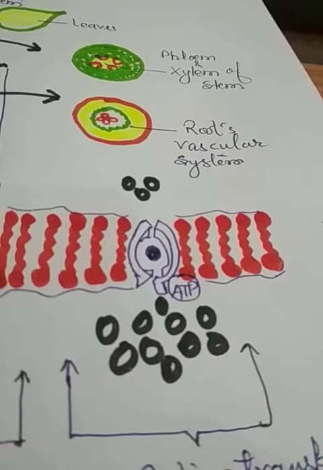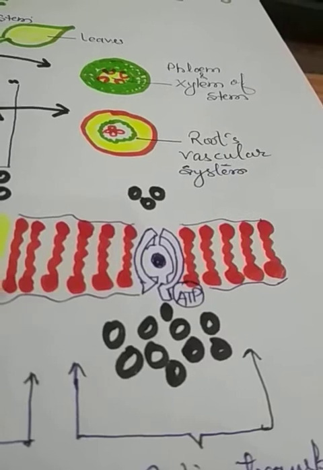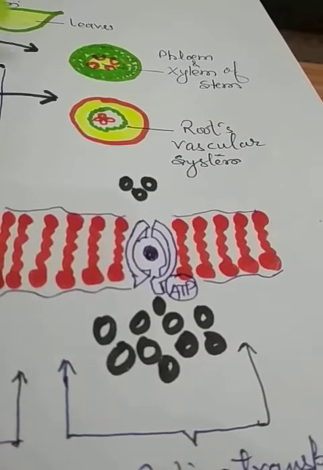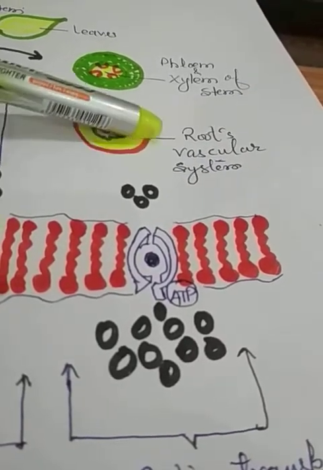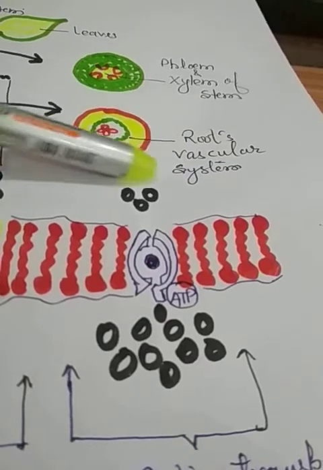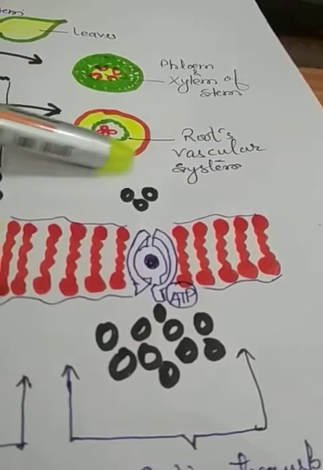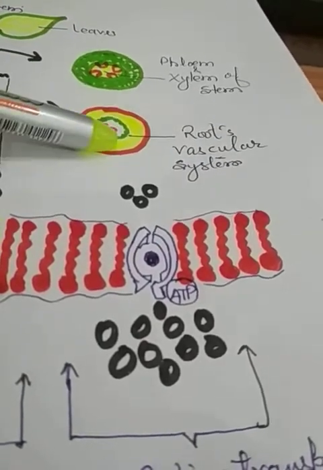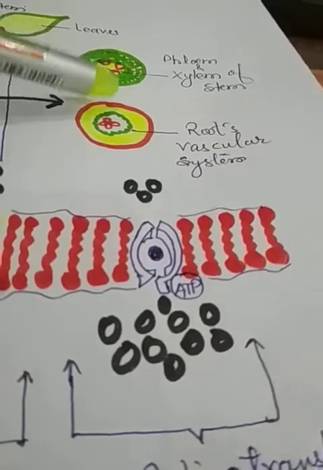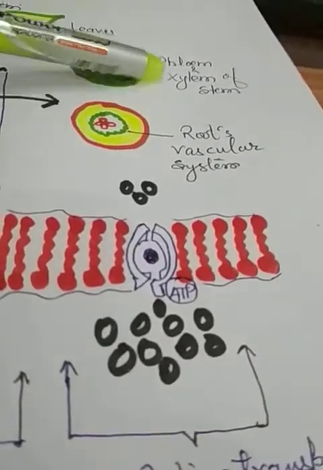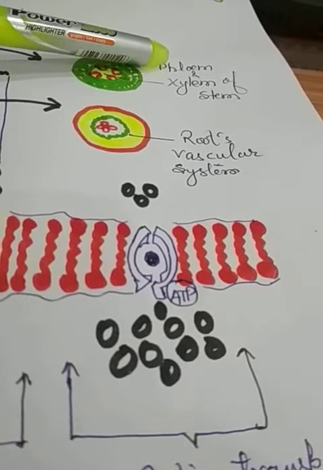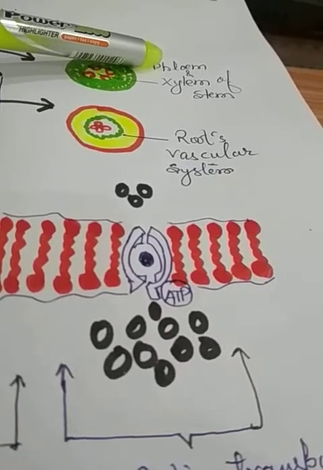unidirectionally, flowing only in one direction, while the movement of the food material that has been manufactured by the leaves, through the phloem, is bidirectional.